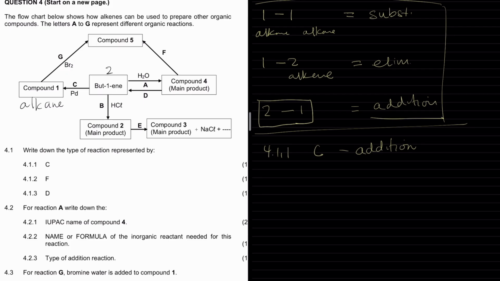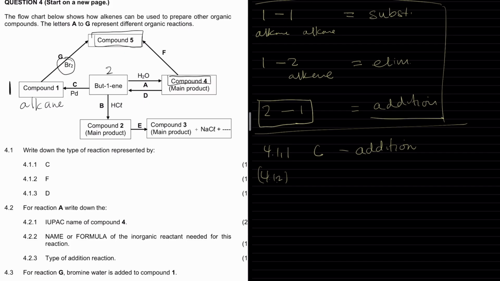So let's look at 4.1.2. Compound F. All right, so what is F? So to figure out what F is, we need to know what compound 4 is, and then we need to figure out what compound 5 is. Okay, so if I try to figure out what compound 5 is, I can look at reaction G. So reaction G, I'm going from an alkane, which is a 1.